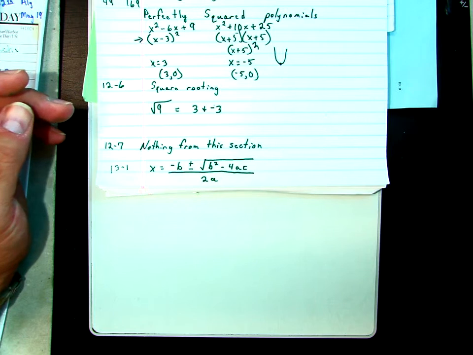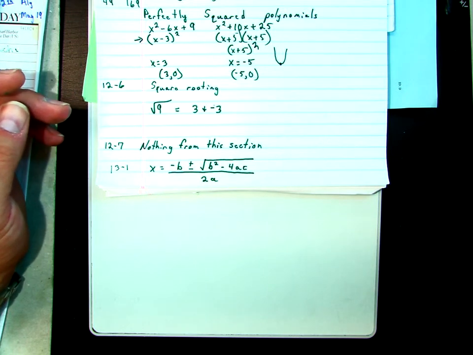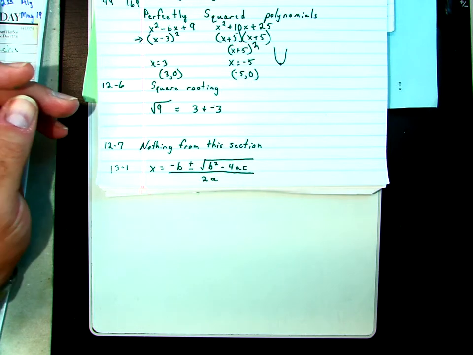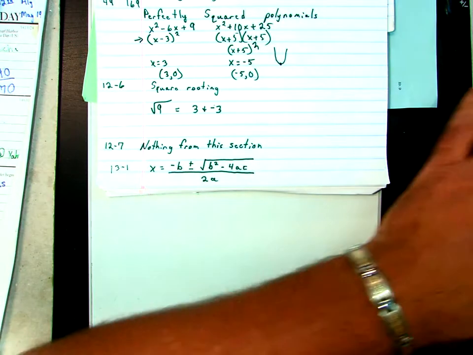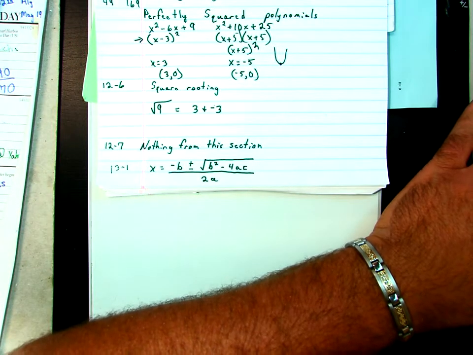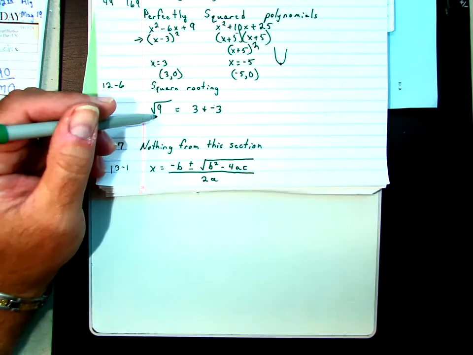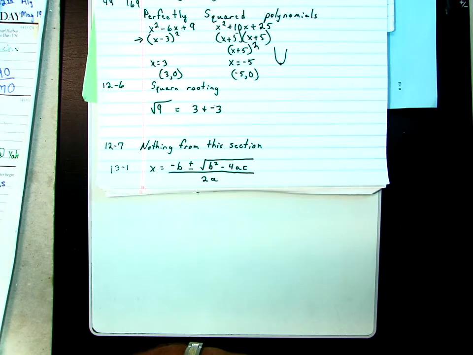Understanding that when we write a radical, you have to know what the pieces of the radical are called. Like this is a radical, then there's a radicand. The radicand is inside. Okay.